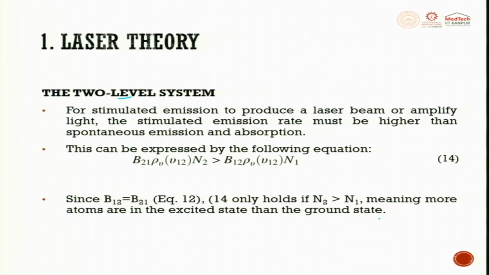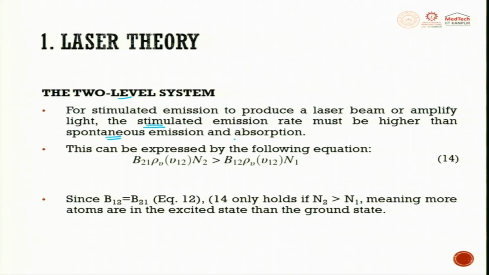In a 2-level system, for stimulated emission to produce a laser beam or amplify light, the stimulated emission rate must be higher than the spontaneous emission. Please try to understand this, because this will help distinguish between the two. Many times we interchange stimulated emission and spontaneous emission.